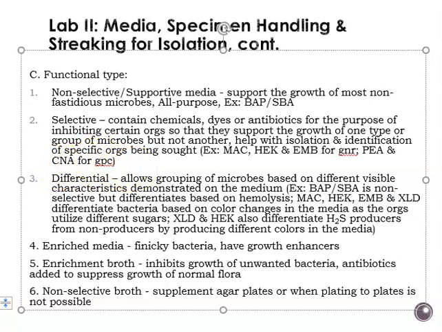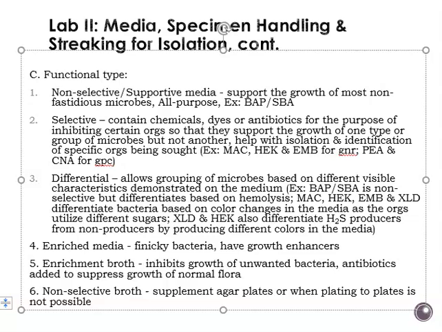Okay, next we have differential media that allows grouping of microbes based on different visible characteristics demonstrated on the media. So for example, your blood agar plate and your sheep's blood agar is a non-selective, but it differentiates based on hemolysis. Your MacConkey, Hektoen, EMB, and XLD differentiate bacteria based on color changes in the media as the organisms utilize different sugars that are in the media.